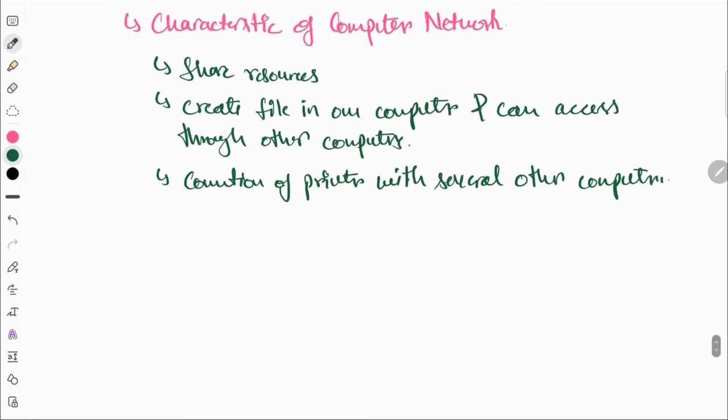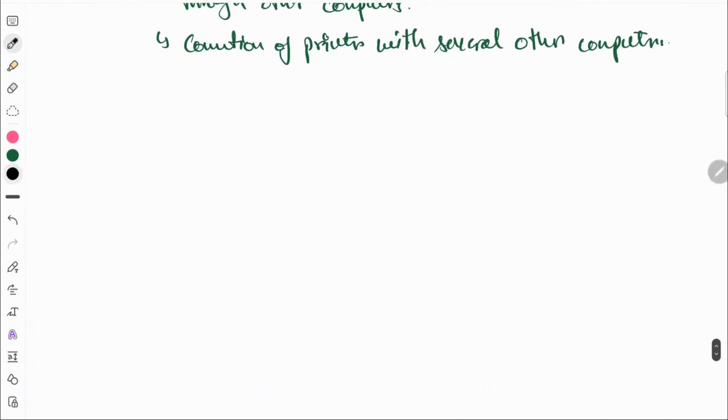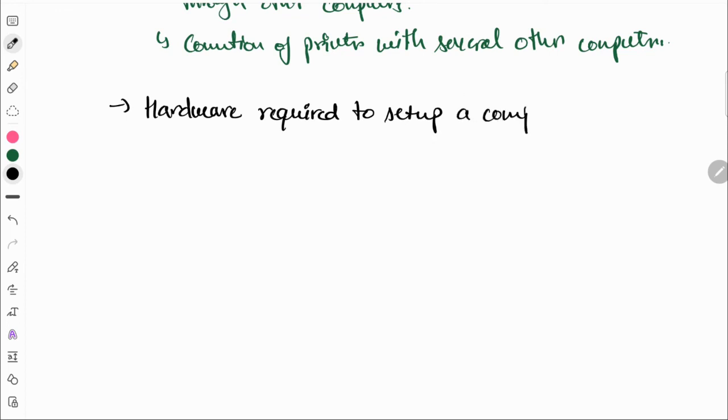Following is the list of hardware required to set up a computer network. First one is network cables. Next is distributors.